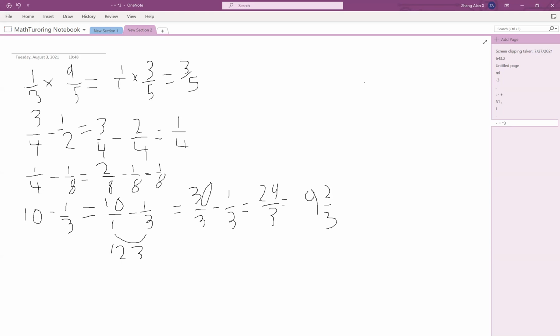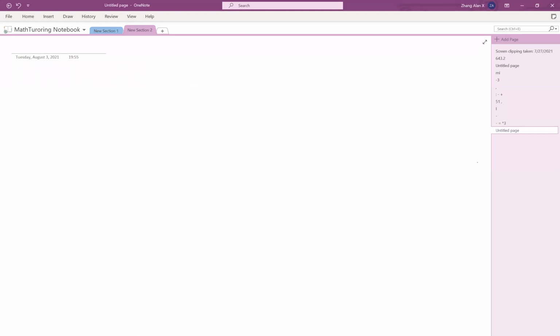So let's do division now, which is pretty much the same as multiplication. So let's say you wanted to do 1/4 divided by, let's say, 1/2. Pretty much all you do is flip the second fraction around.